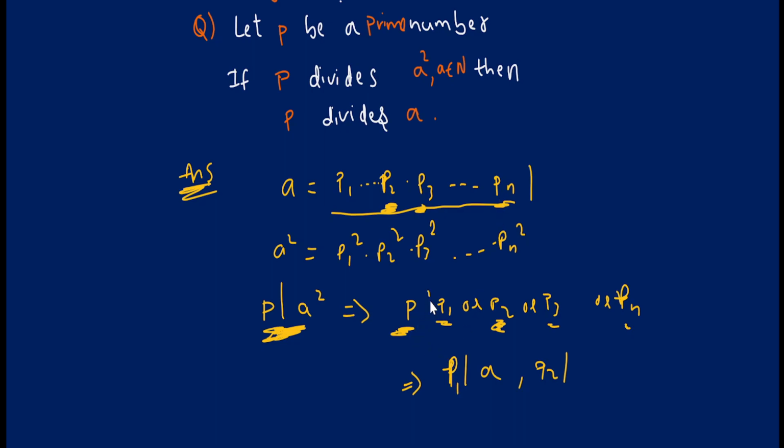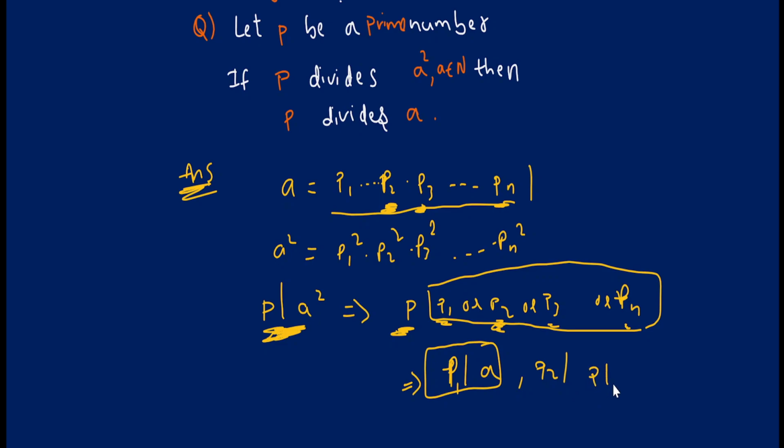So if the possibility space for p is p1 or p2 or p3 or pn, then for sure, for every value present in this range of p, the statement p divides a can be generalized, and p divides a must be true for any value of p from p1 to pn.